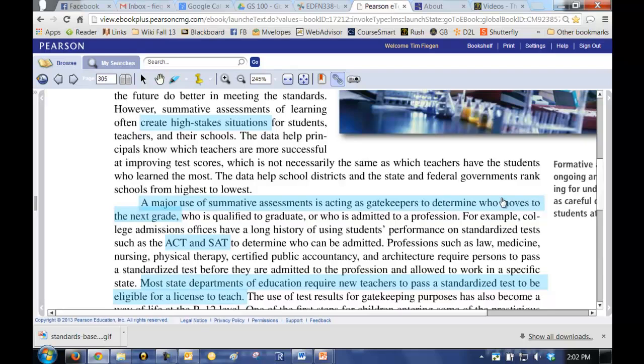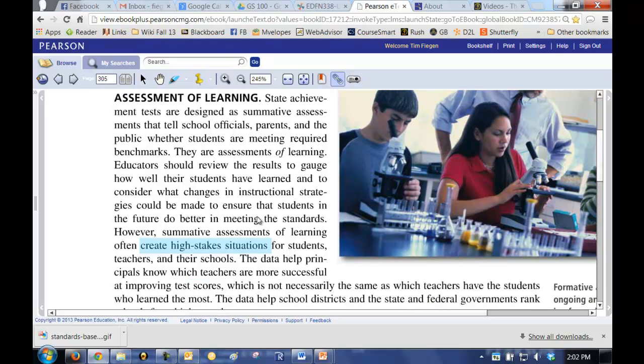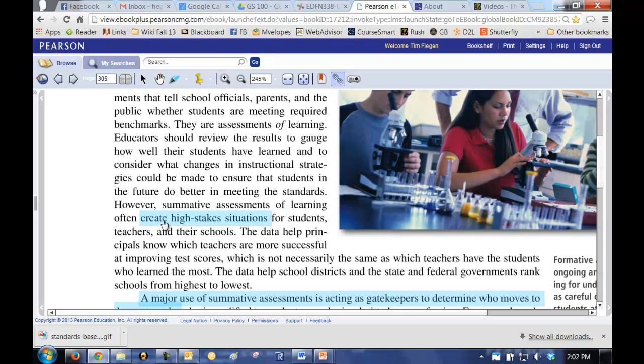So what about assessment of learning? Well, state achievement tests are designed as summative assessments. They tell school officials, parents, and the public whether students are meeting required benchmarks. Assessments of learning should review the results to gauge how well the students have learned.